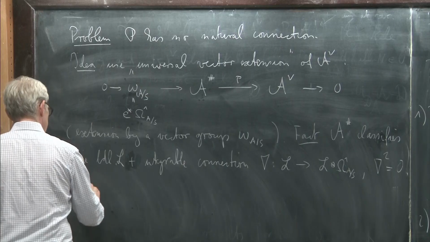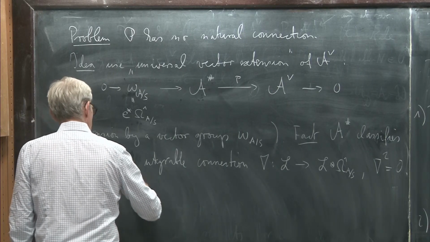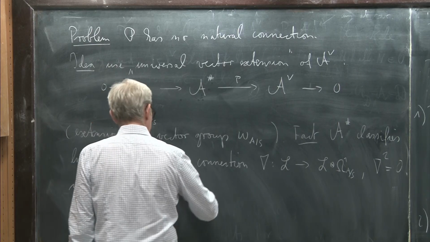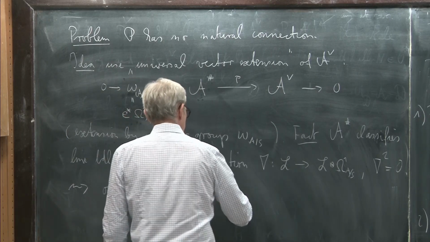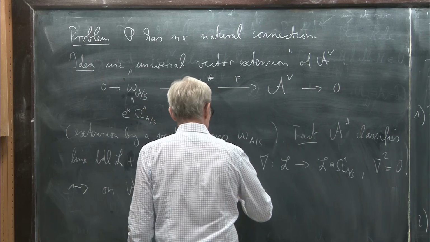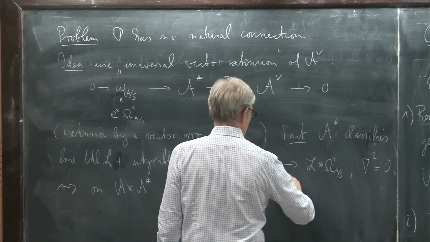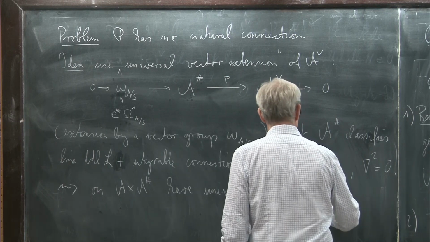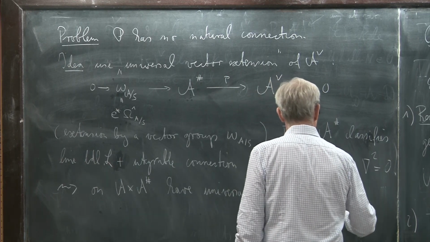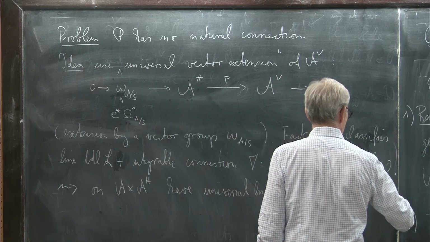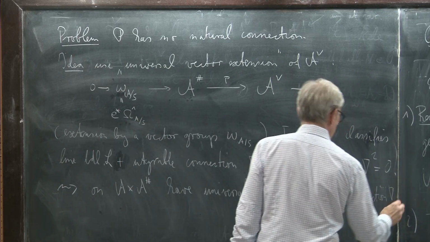So this gives on A times A sharp the universal line bundle P sharp with connection nabla.